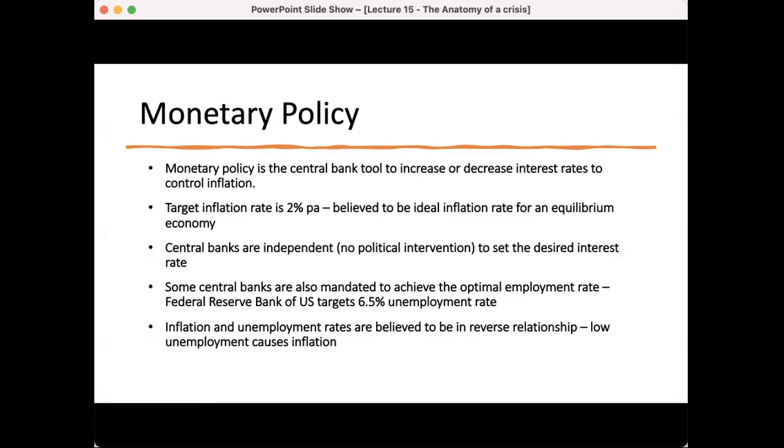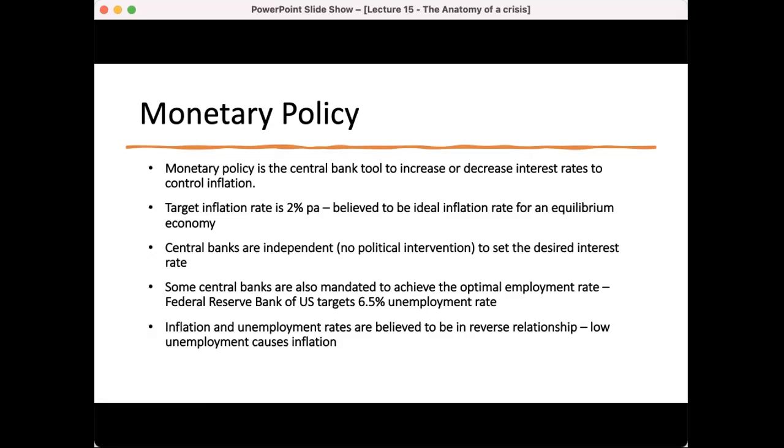And the converse is true if the economy is deflating. If the economy is static or is in recession or is underheated in any way, shape or form, reducing the interest rates can stimulate economic activity, because interest rates have an impact on making money cheap. And if money is cheap, people will borrow it and spend it, and that will stimulate the economy.